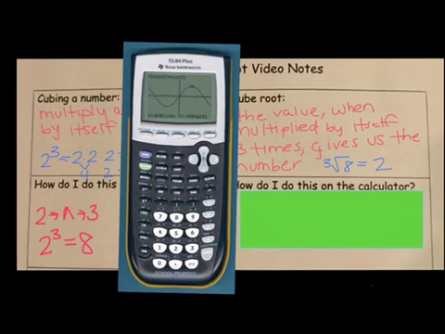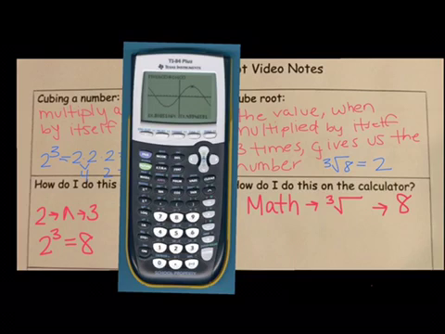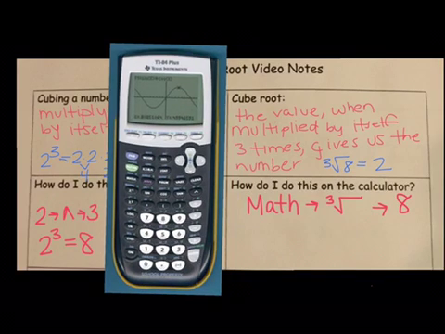For this next part, how do you do the cube root on a calculator? Looking at your graphing calculator, the first step is you press the math button. It should bring you to a screen with a bunch of options, and you should see something that looks like the cube root.